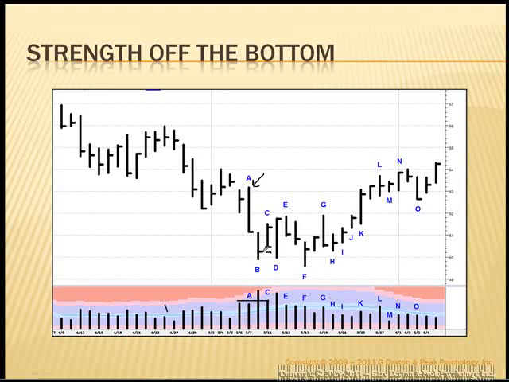So they're buying above yesterday's close, and they're willing to buy, and they drive it up above the high of B, and they close it up above the close of A. Okay? And they do so on good volume. So is that buyers coming in or is that sellers coming in?